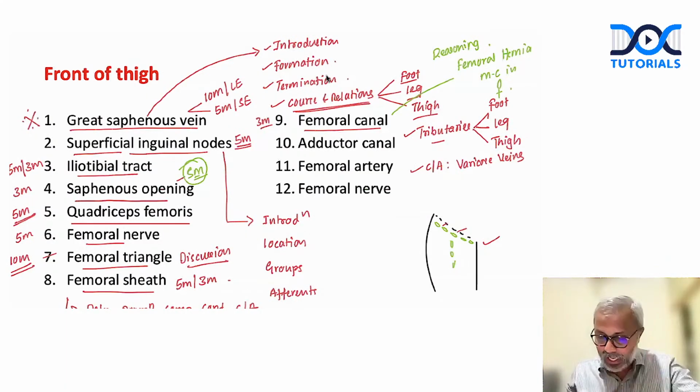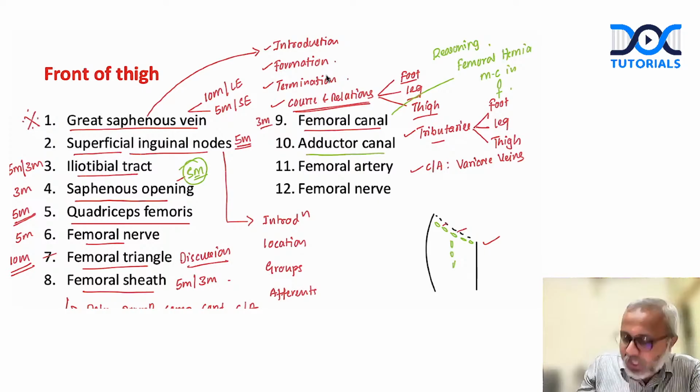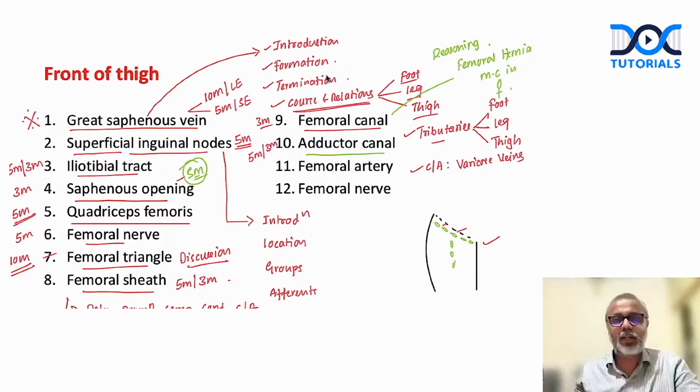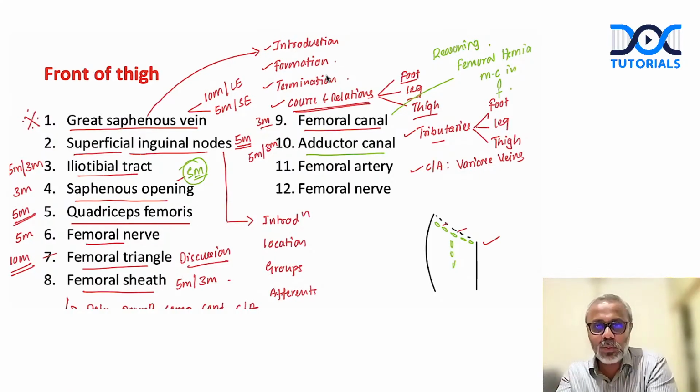Then, what about adductor canal? Adductor canal again could be an important 5 marker or even a 3 marker. Again, define what is adductor canal, where is it located, what are the boundaries, what are the contents, what is the clinical anatomy. This is how we need to structure the answer for adductor canal.